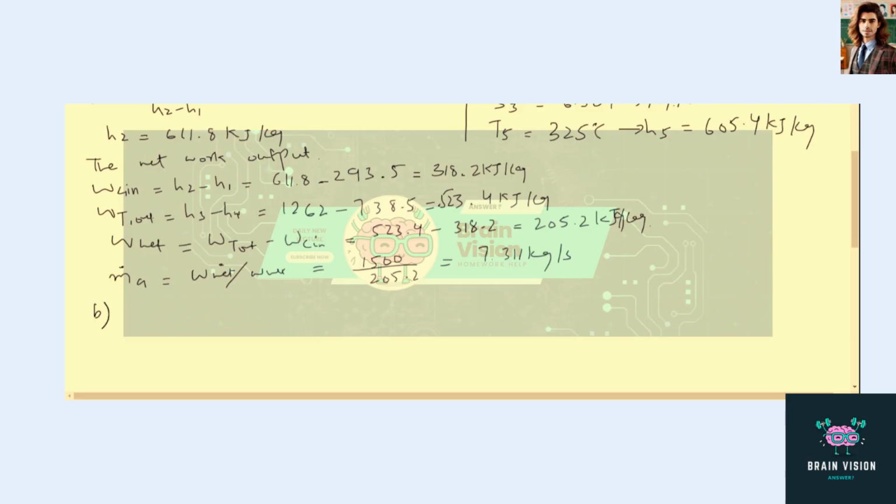So now the back work ratio, rbw, is equal to the compressor input work divided by the turbine output work. That is 318.2 divided by 523.4. The answer would be 0.608.